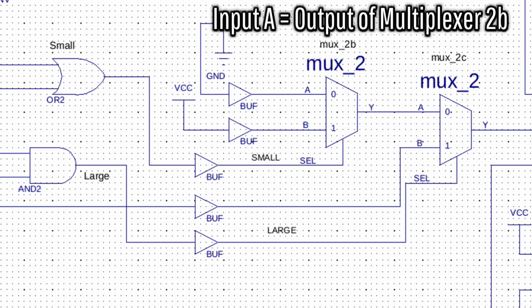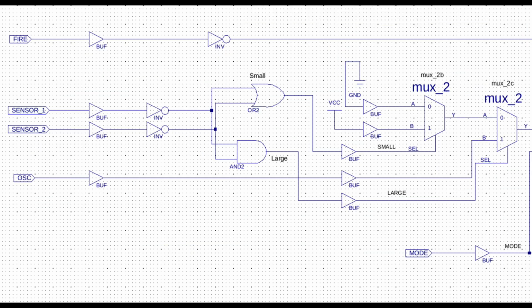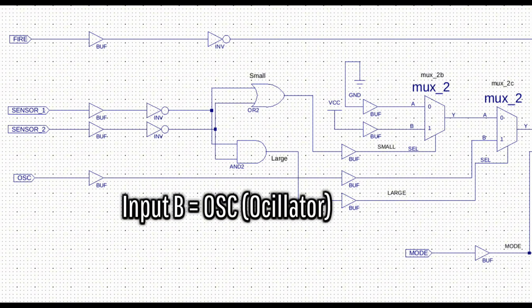Input A of the multiplexer will be the output of a previous multiplexer 2B, which determines if it needs to be swatted. Input B of the multiplexer will be the input OSC, oscillator, which tells the machine to repeatedly oscillate, aka just swat the bug multiple times.